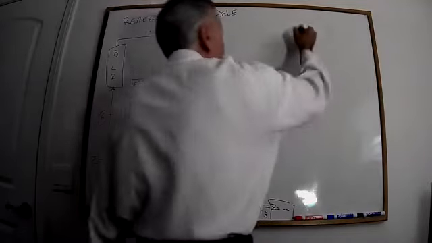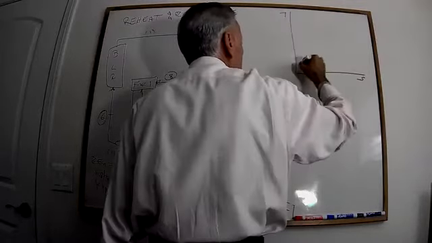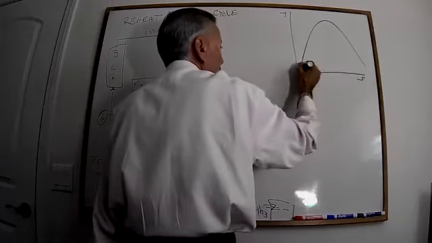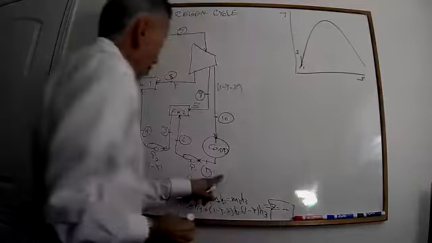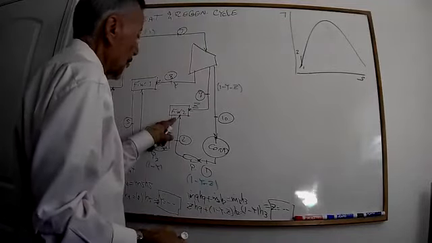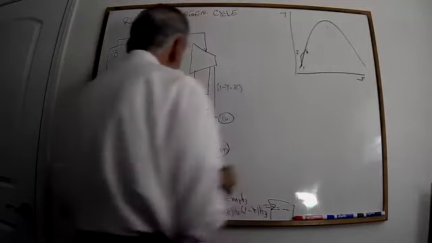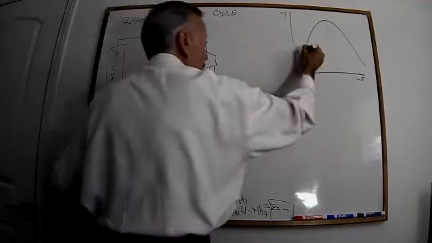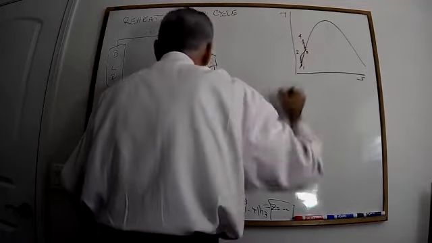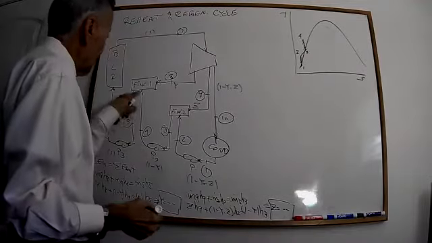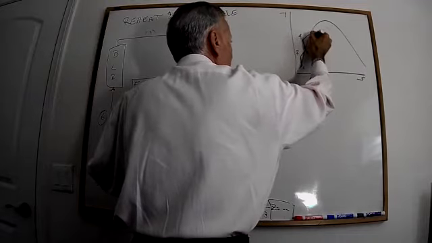Now the TS diagram for this, very simple. Again, these are point 1 going to 2, 1 and 2 first pump, going to feed water heater. That means comes here, point 3, then goes to the second pump. So we go up again to point 4. Point 4, we're going to the second feed water heater. This is point 5.